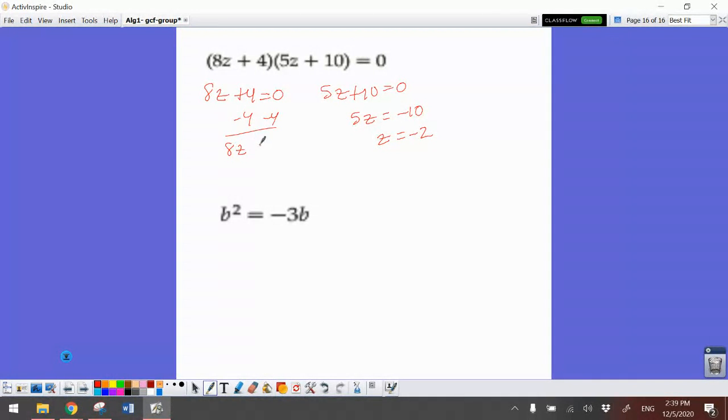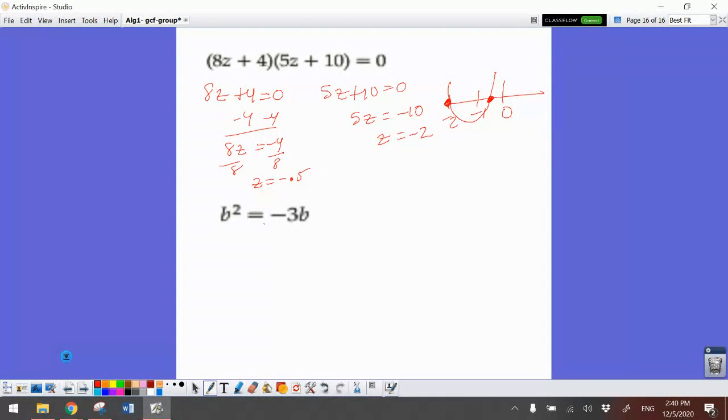So 8z equals -4. Divide by 8. Z equals -0.5. I'm going to go ahead and change that to a decimal because I need to be able to find it on a number line. So if I'm going to sketch it, here's 0. Here's -1. Here's -2. I know I have a root at -2, and I have one at -0.5. And there's my parabola.